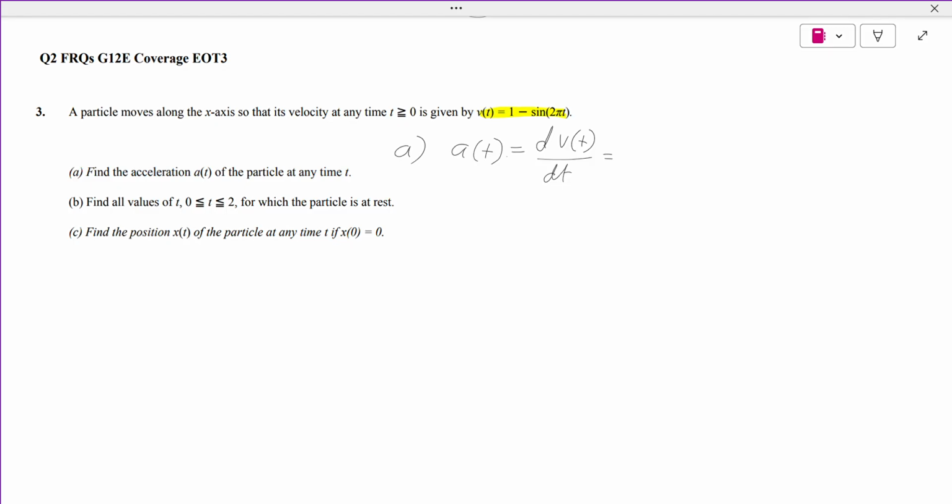The derivative of minus sine is minus cos, right? So this is minus cos of 2 pi t, chain rule. So multiply by the derivative of the inner, which is 2 pi. So the acceleration at any time is given by negative 2 pi cos of 2 pi t. This is the first answer.